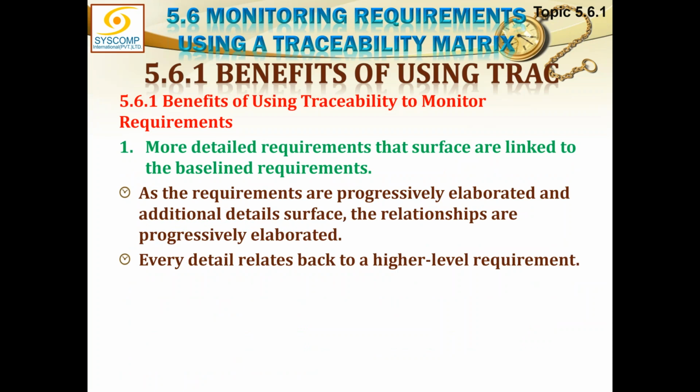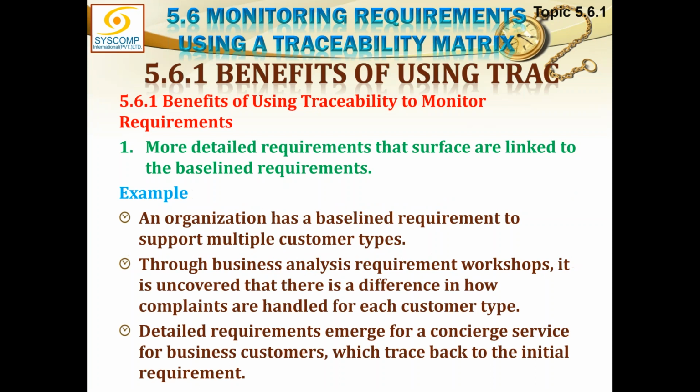More detailed requirements that surface are linked to the baseline requirements. As the requirements are progressively elaborated and additional details surface, the relationships are progressively elaborated. Every detail relates back to the higher level of the requirement. For example, an organization has a baseline requirement to support multiple customer types.